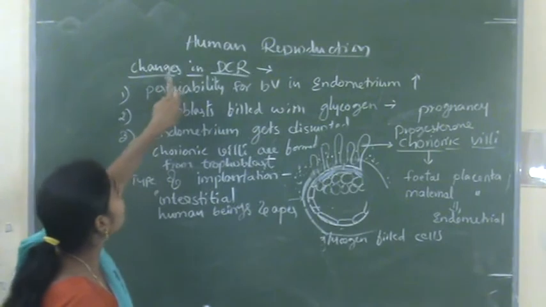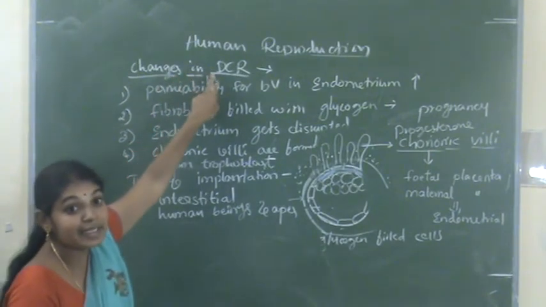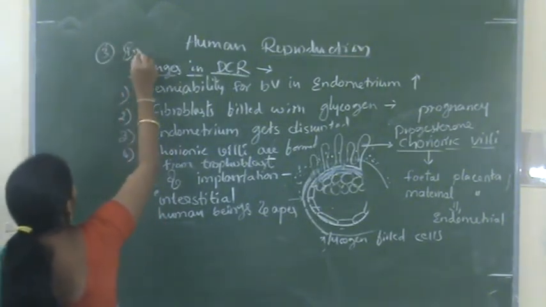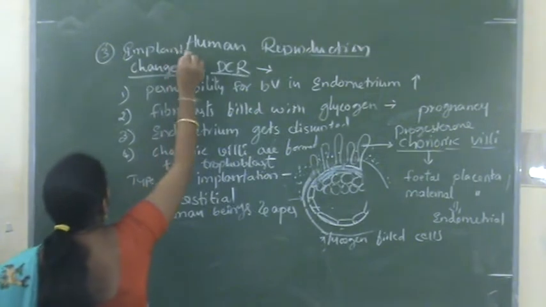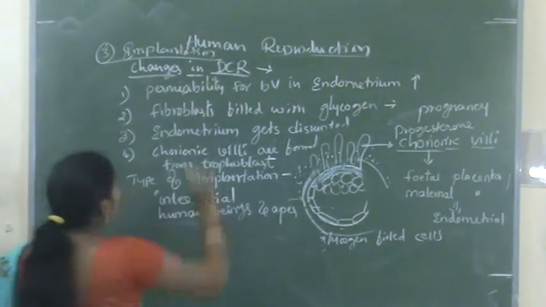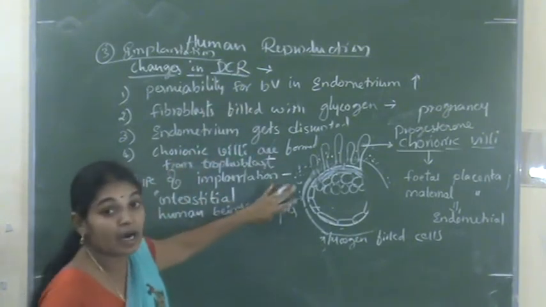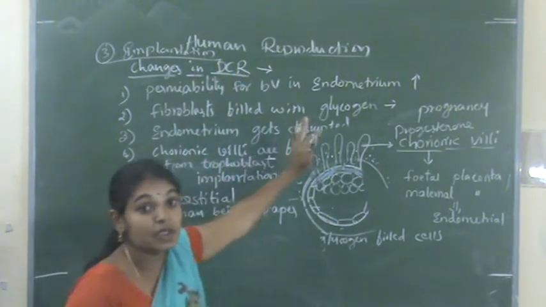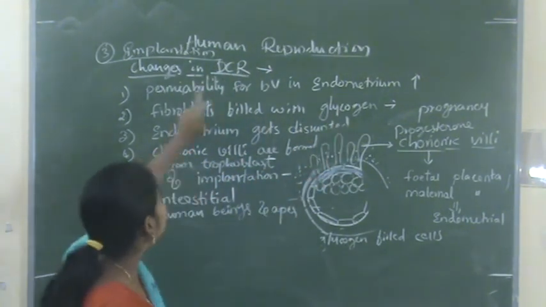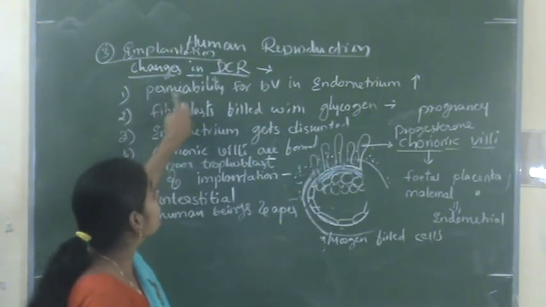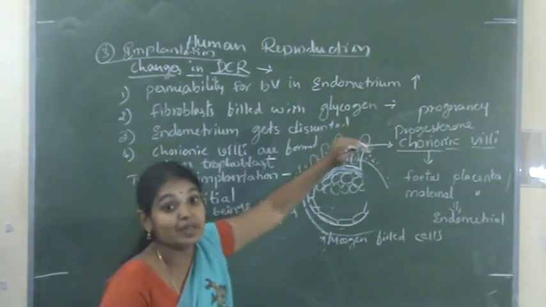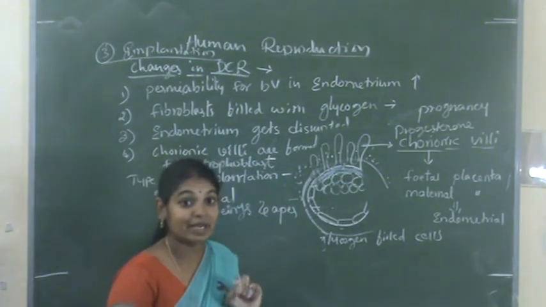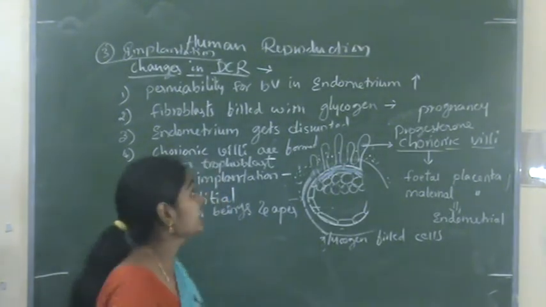So this is how the changes take place in the decidual cell reaction, the third step, implantation. The first change is that the permeability of blood vessels in the endometrium increases, because it should be supplied with a large number of blood vessels for the developing fetus.